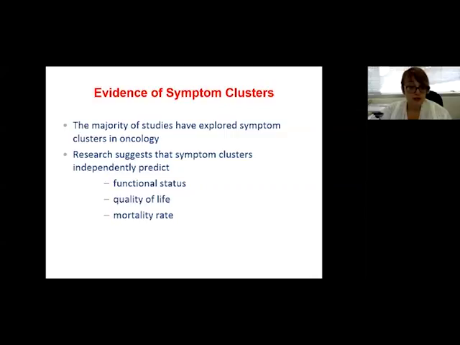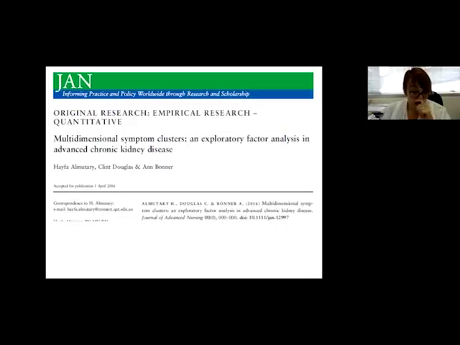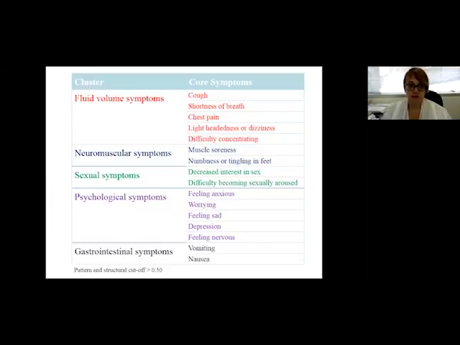So the research that I've done with Hafer and Clint, I'm the senior researcher, so that's why I'm last on this authorship, looked at whether there are symptom clusters in people with advanced chronic kidney disease. And what we found from that earlier research with the 436 patients is that there are in fact 5 symptom clusters in chronic kidney disease.